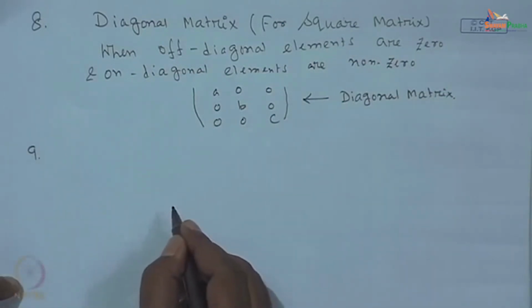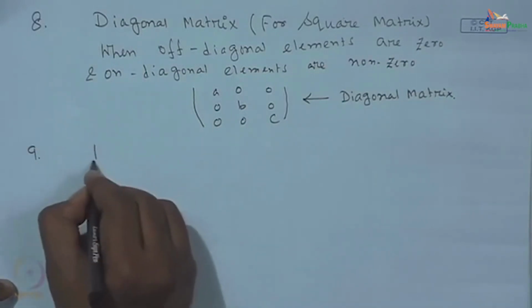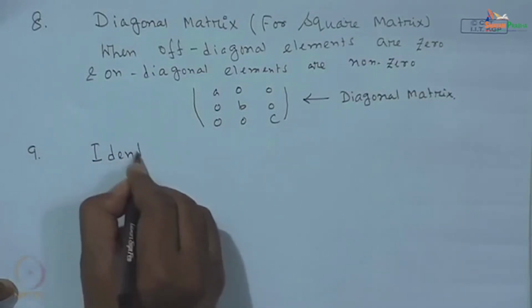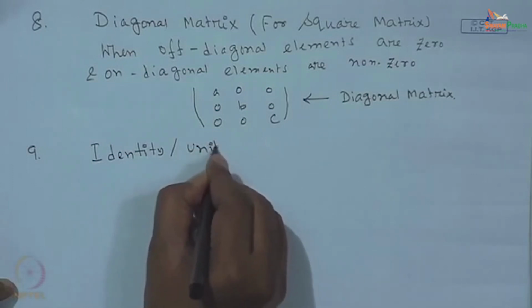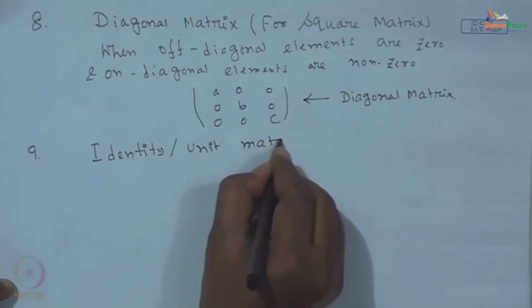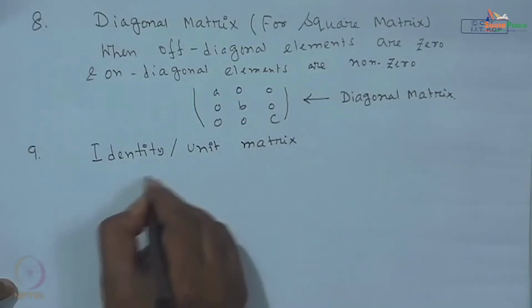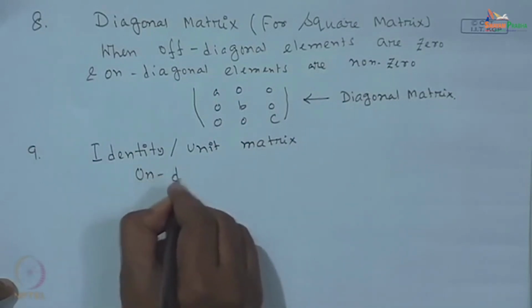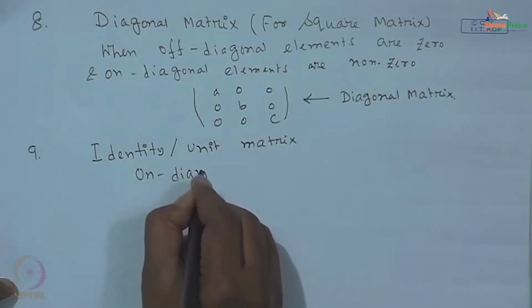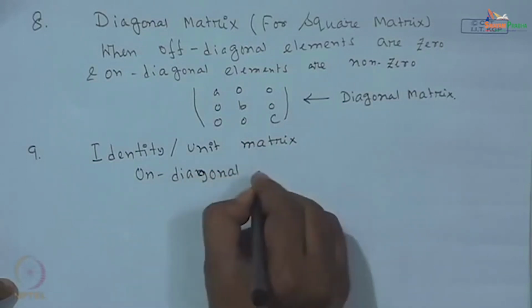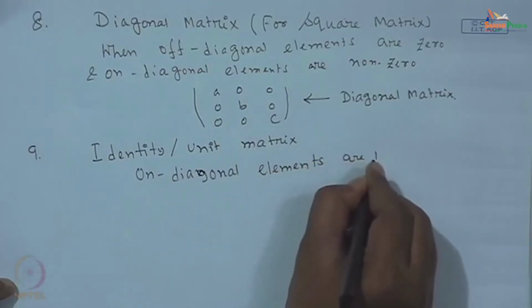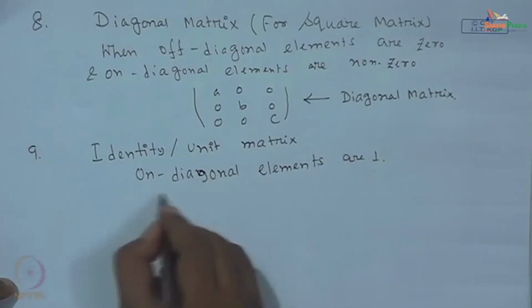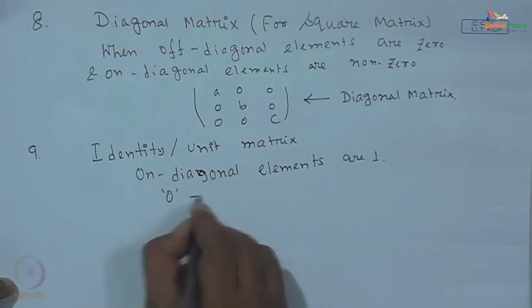If the on-diagonal elements are 1 and 0 elsewhere, then we call it an identity or unit matrix.